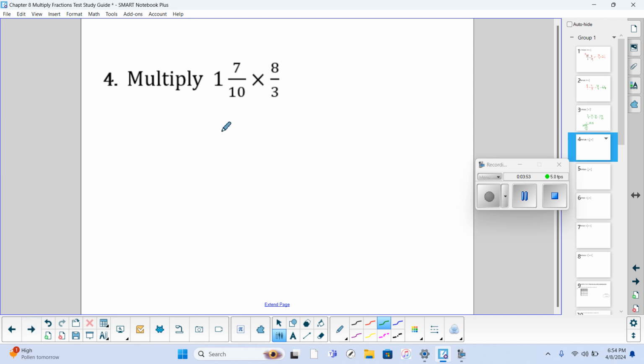1 and 7/10 times 8/3. Well, for this one, I would change these both to just fractions. So 1 and 7/10 would be 17 over 10 times 8/3 would just remain 8/3.